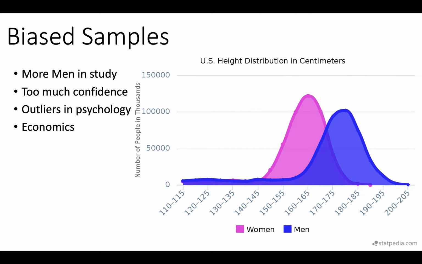And that leads to oversubscription of males in studies. And it leads to also the females in studies being unusually tall or unusually heavy and other things like that. This leads to people, when they use this data, getting too confident that they have the right answer, when oftentimes they don't.